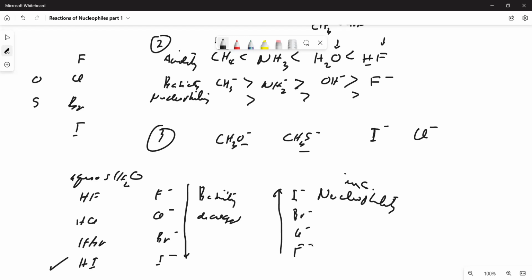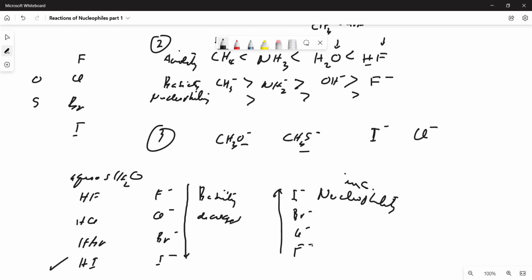In aqueous medium, the iodide is the weakest base, but it is not the weakest nucleophile. It is the strongest nucleophile. And it has something to do with the participation of the solvent.